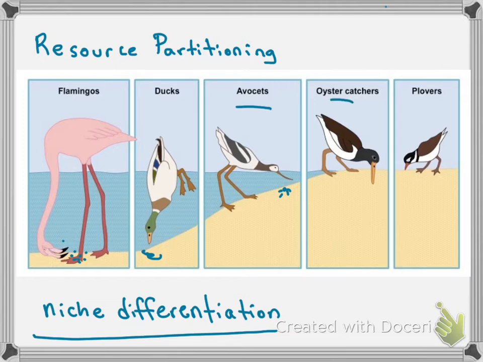The oystercatchers go ahead and feed on clams and mussels and shellfish, which they actually pry open with their very long and narrow beaks. And then the little plover. They feed on insects and tiny crustaceans, but they do this on the sandy beaches. So by these similar species using the limited resources in different ways, because evolution selected for resource partitioning, these similar species can coexist in the same ecological community.